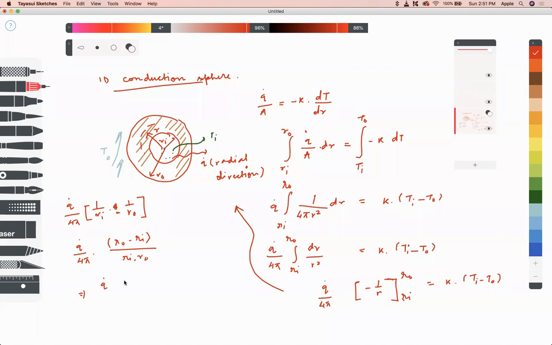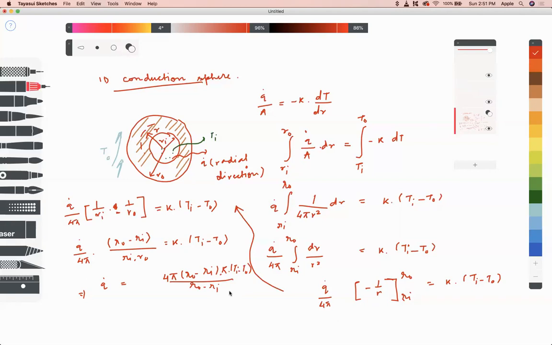So the final expression is Q dot equals 4 pi k into Ti minus T0 into ri r0 divided by r0 minus ri.